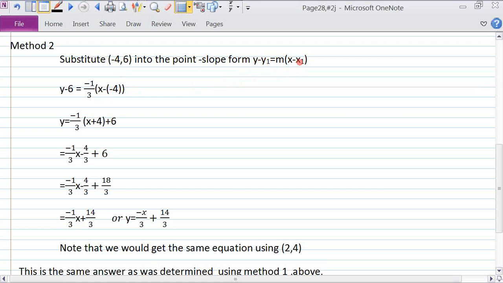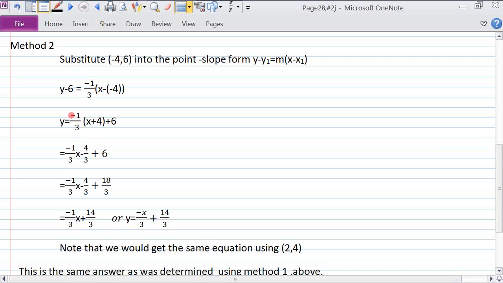We're just taking this formula, substituting 6 for y1 and minus 4 for x1, and we get this equation here. And we've transposed the minus 6 from the left to the right, so I get plus 6.